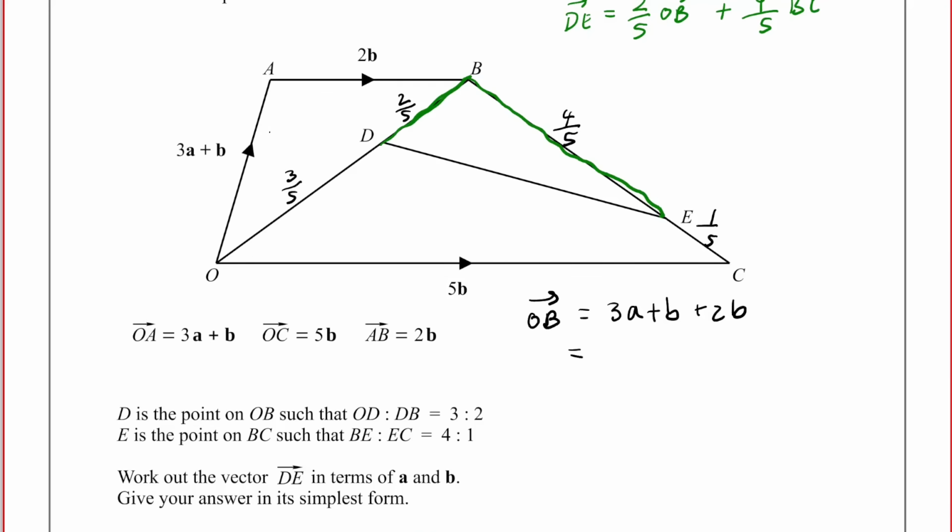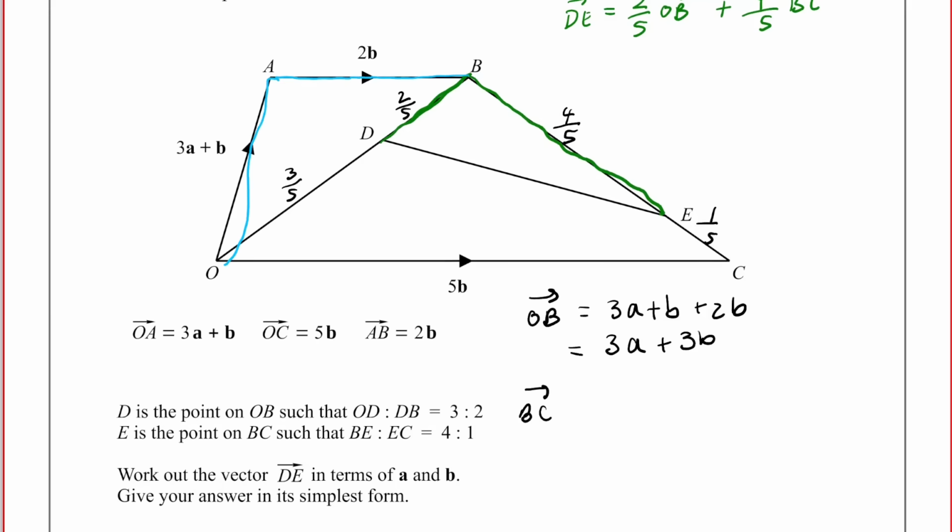3A plus B plus 2B is 3A's and 3B's. B to C, we're going to have to go the long way round. So we're going to have to go the whole way round there. So it's going to be minus 2B minus 3A plus B, minus all of 3A plus B, and then plus the 5B.